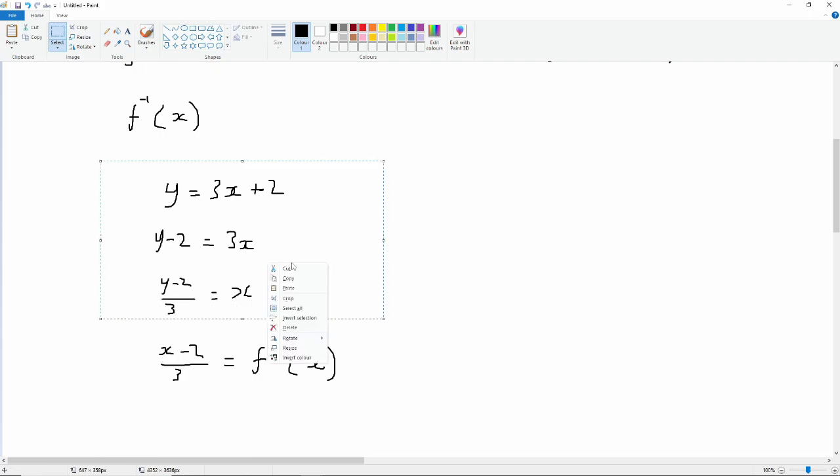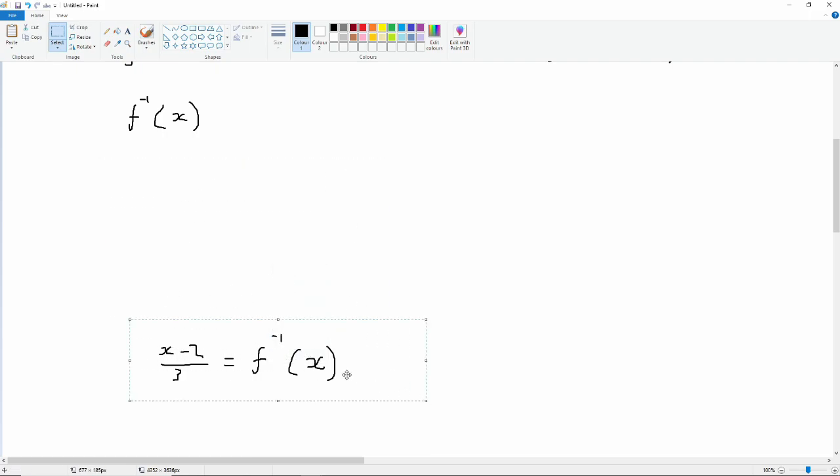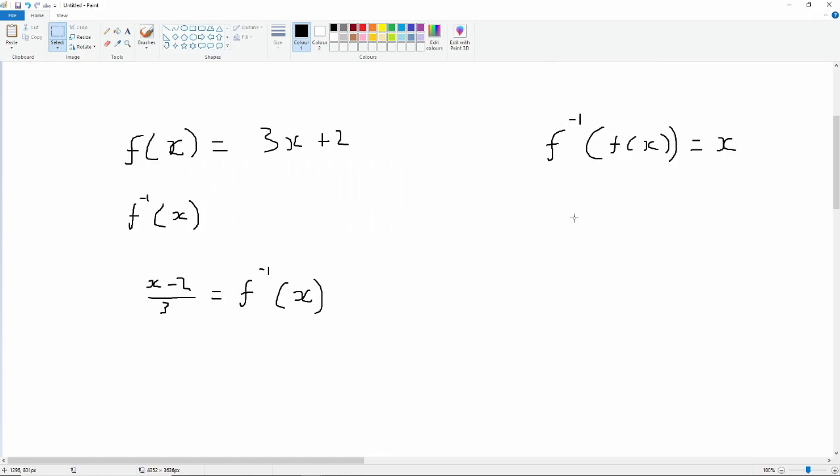Let's just get rid of our working. So we go back to our definition of f to the minus 1 of x, or the inverse of f of x. So if we nest f of x into this, we should get x back. So what I'm saying is f to the minus 1 of 3x plus 2, which is our f of x.